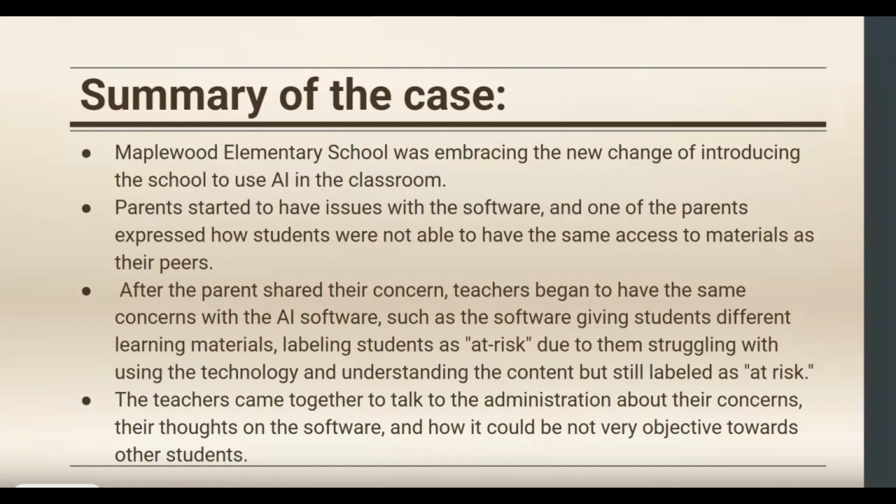After talking about it with Miss Lee, another teacher who had concerns because her students who were struggling with technology were being labeled as at risk even though they understood the content perfectly well, they brought it up with the administration. They feared that it could be very subjective towards others and brought up the concerns about Jamal and the parents' concerns as well.